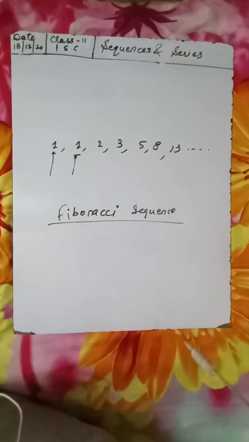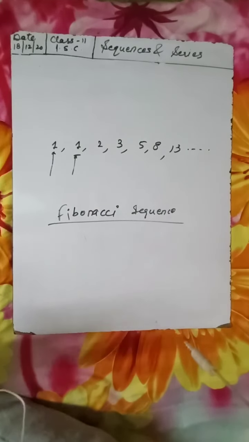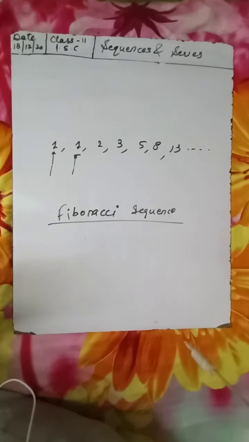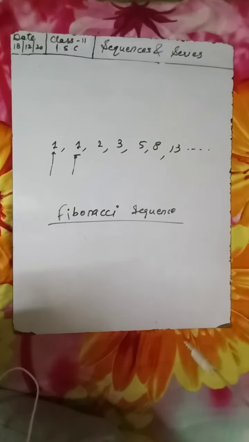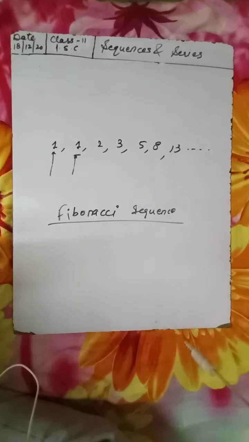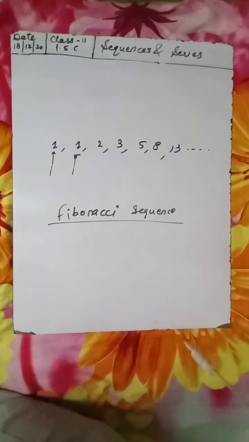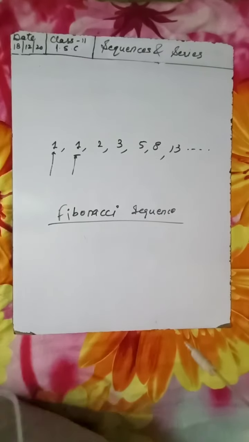Okay, so arithmetic progression, what is it? A sequence is called an arithmetic progression if and only if the difference of any term from its preceding term is constant. That means the common difference remains the same throughout the series.